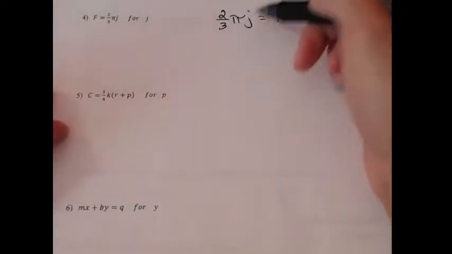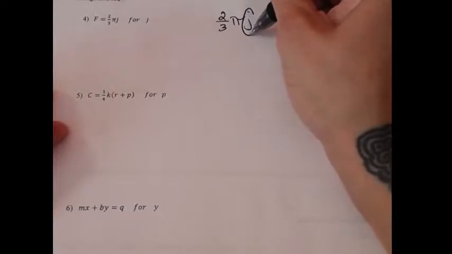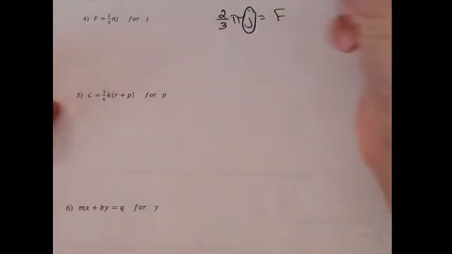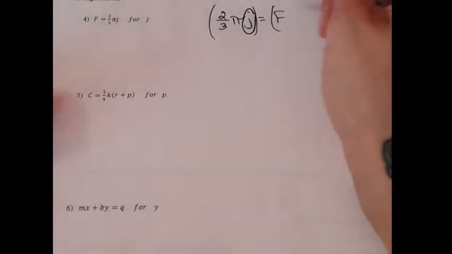The j in this equation happens to be on the left, so we want j alone. All right? So let's take a look. So we have 2 divided by 3 times pi times j is equal to f. One of the first things we can do, if you'd like, is notice we have a fraction here. So here's my first term, here's my second term. You're welcome, Doc.